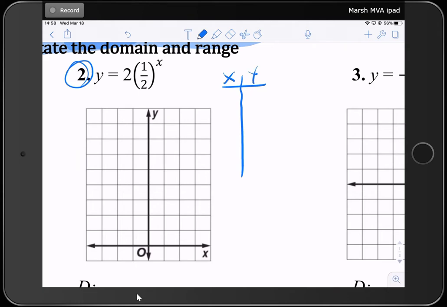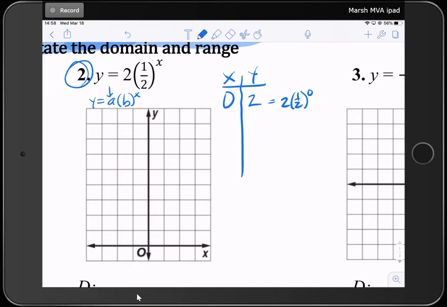So the simplest one here is just going to be 0. So what's the y value when I let x equal 0? That's going to be 2 times 1/2 to the 0. Well, 1/2 to the 0 is 1, and so 2 times 1 is just going to be 2, right? So you see how this gives us y is equal to a times b to the x, that when the input is 0, we just get a as the result. We just got 2.